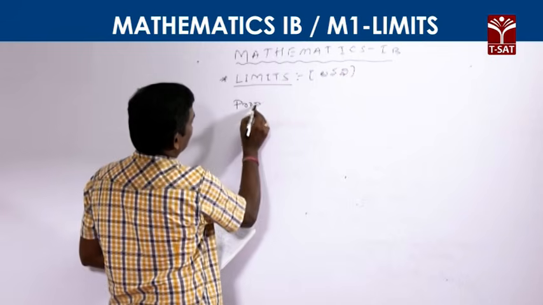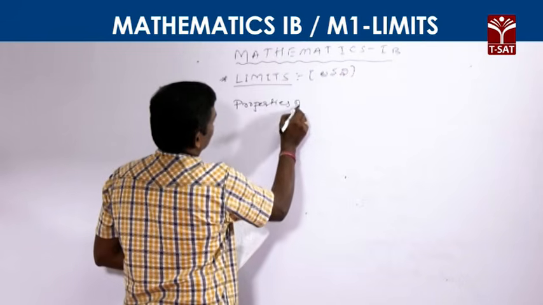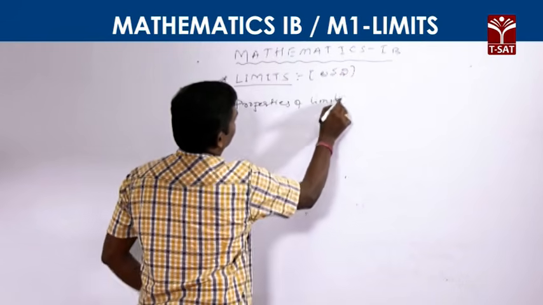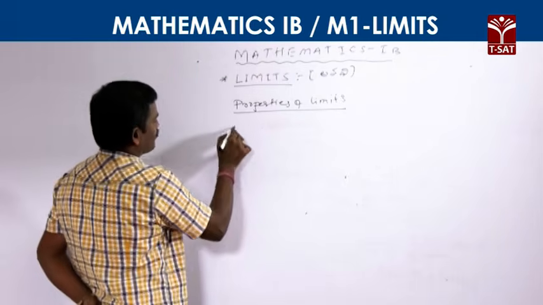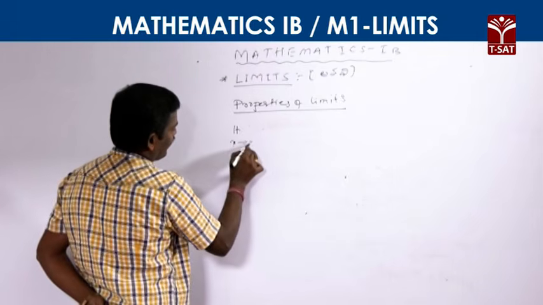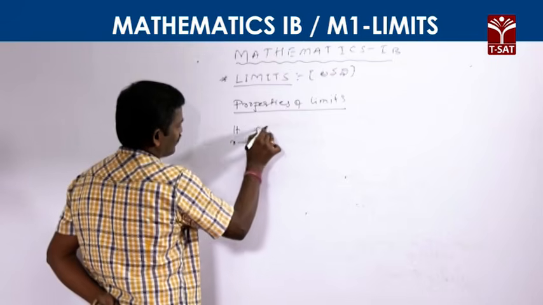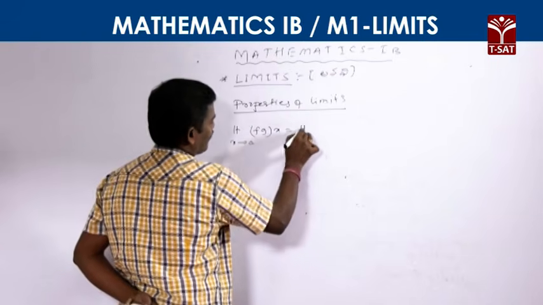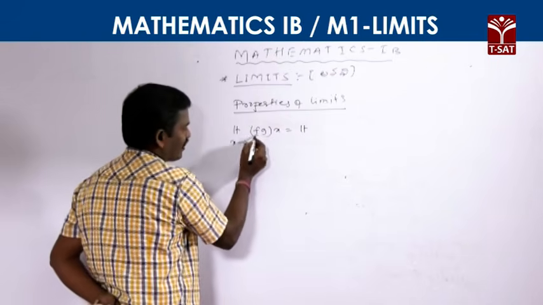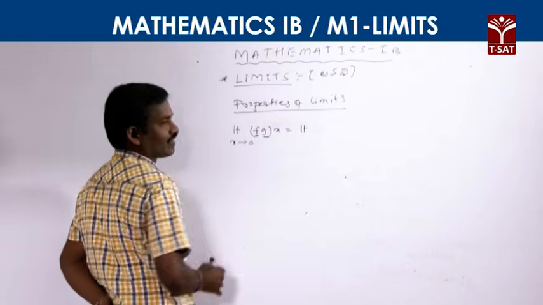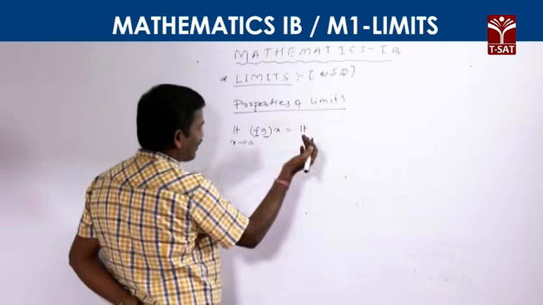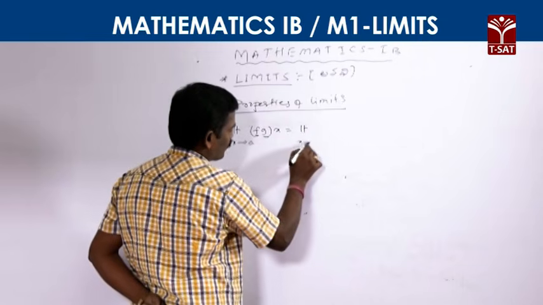So, properties of limits. See, suppose limit extends to a of (fg)(x). We can write it by separating the two functions here: f(x) is one function and g(x) is another function. So here we are writing separate functions. The limit exists for both the functions.